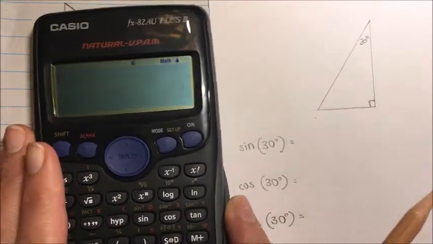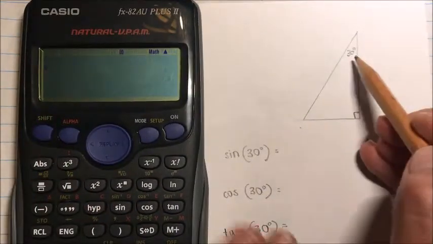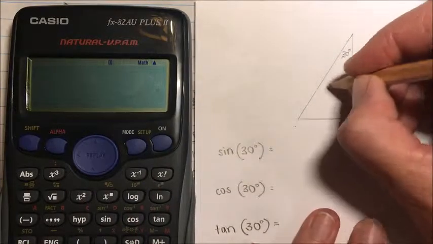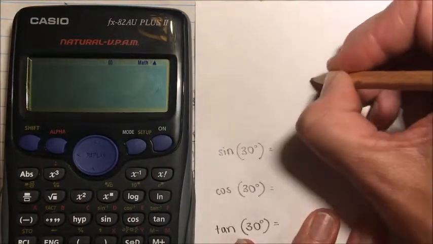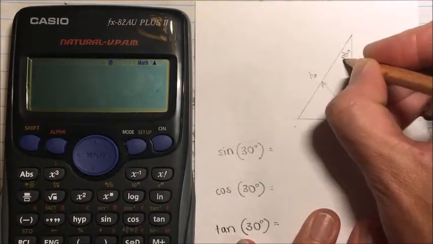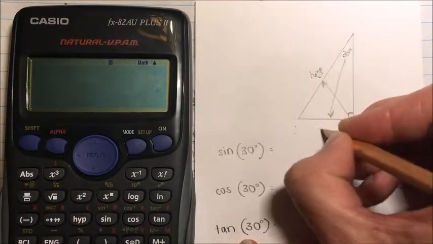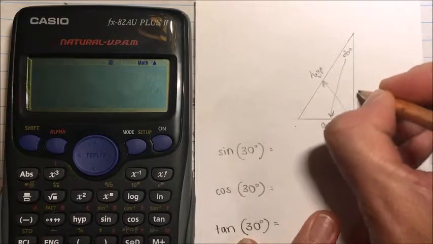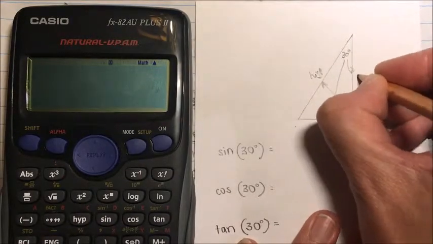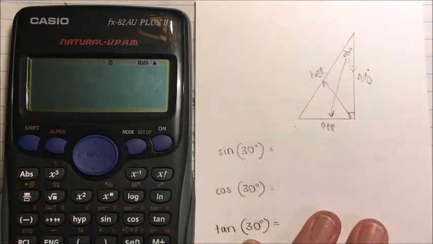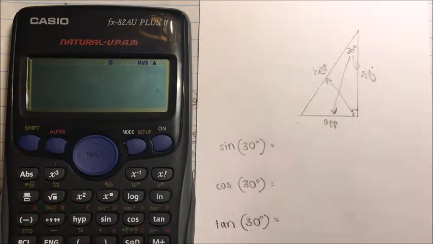So if I've got an angle of 30 degrees, as I do here, the hypotenuse and the opposite and the adjacent will all have the same relationship. So what is that relationship?